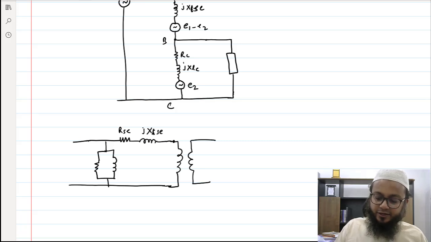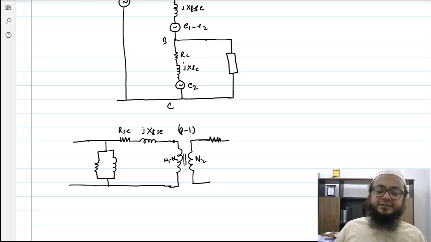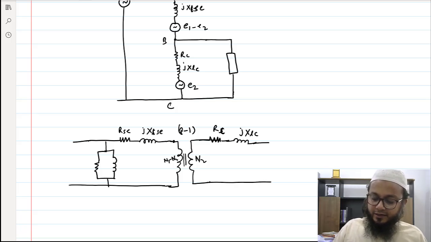And what is the turn ratio here? The turn ratio is A minus 1 now, because we have seen before that this winding is N1 minus N2, and this is N2. Obviously, here also you will have the series impedance, so resistance RC for the common winding, and jXLC for the common winding, and then you have the load connected here as well.